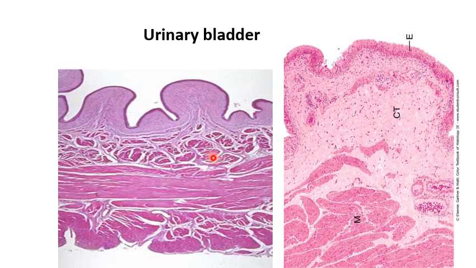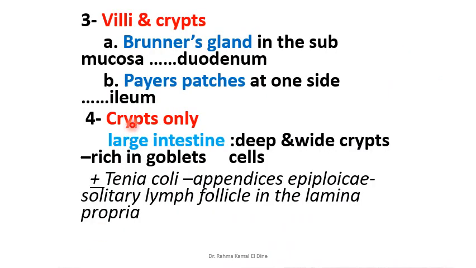Mucosa, the musculosa: inner circular, outer longitudinal, and middle circular. If I see in the lumen villi and crypts, you're going to ask me how to differentiate between the villi and the crypts. The villi are finger-like projections, while the crypts are simple tubular glands where you can see connective tissue corium in between them.